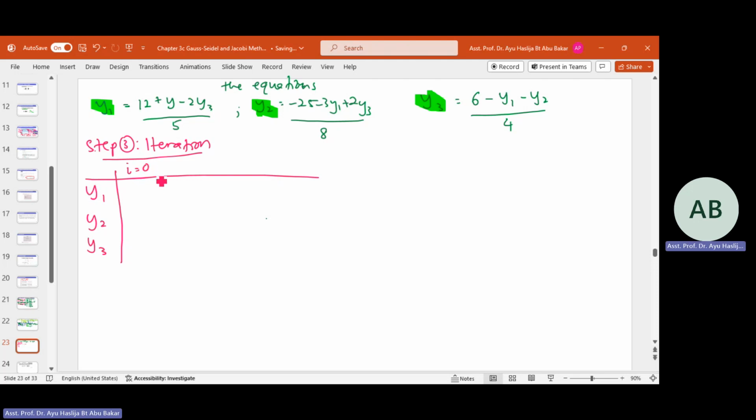Start with iteration 0, because later on, we start with 0.